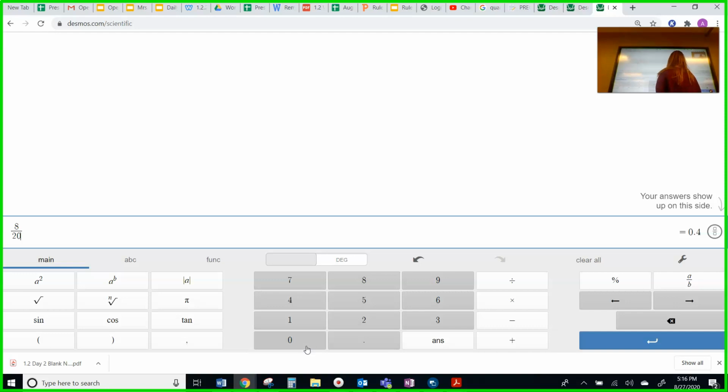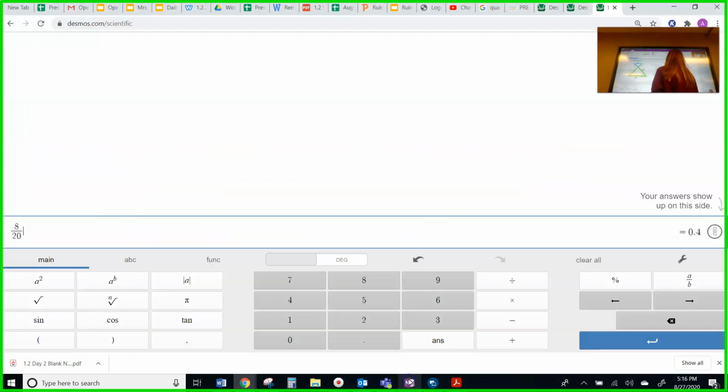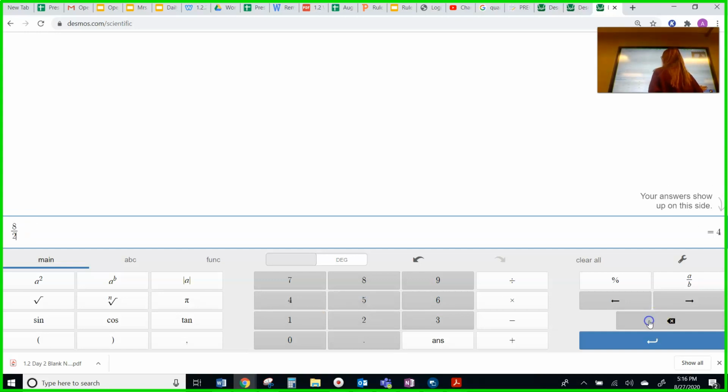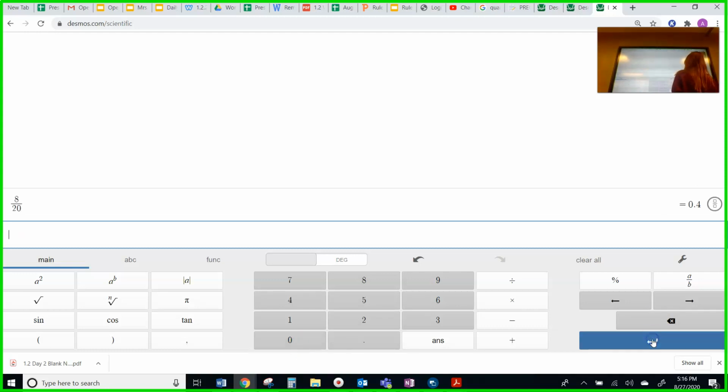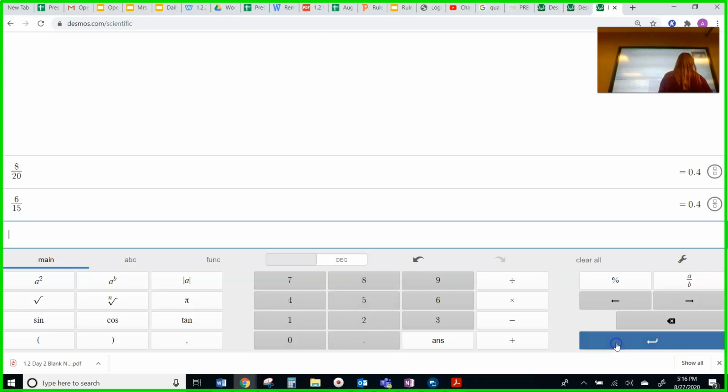We get 0.4. 6 divided by 15 is also 0.4.